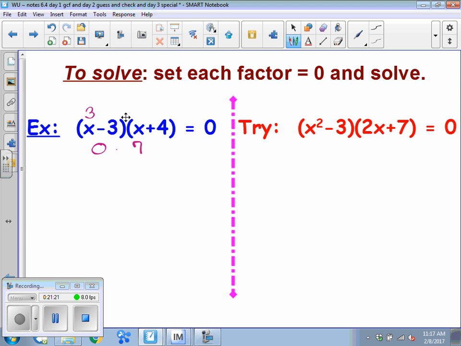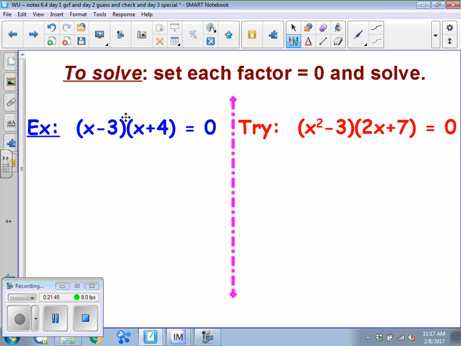What you do is after you factor it, you take each factor, each expression, set it equal to 0, and solve. Because if you can figure out what's going to make that one expression equal 0, it'll make the whole thing equal 0. Okay?